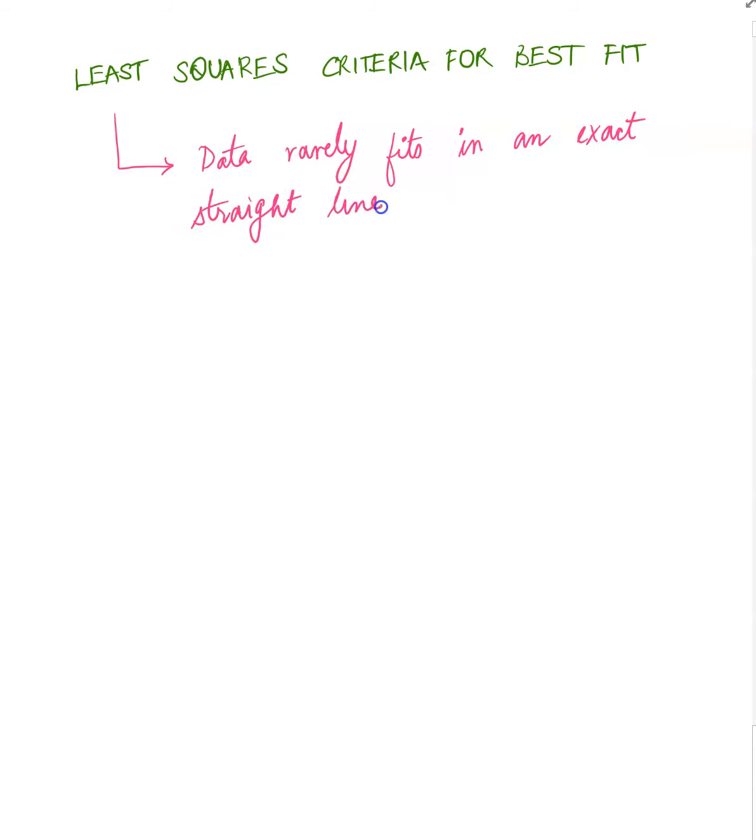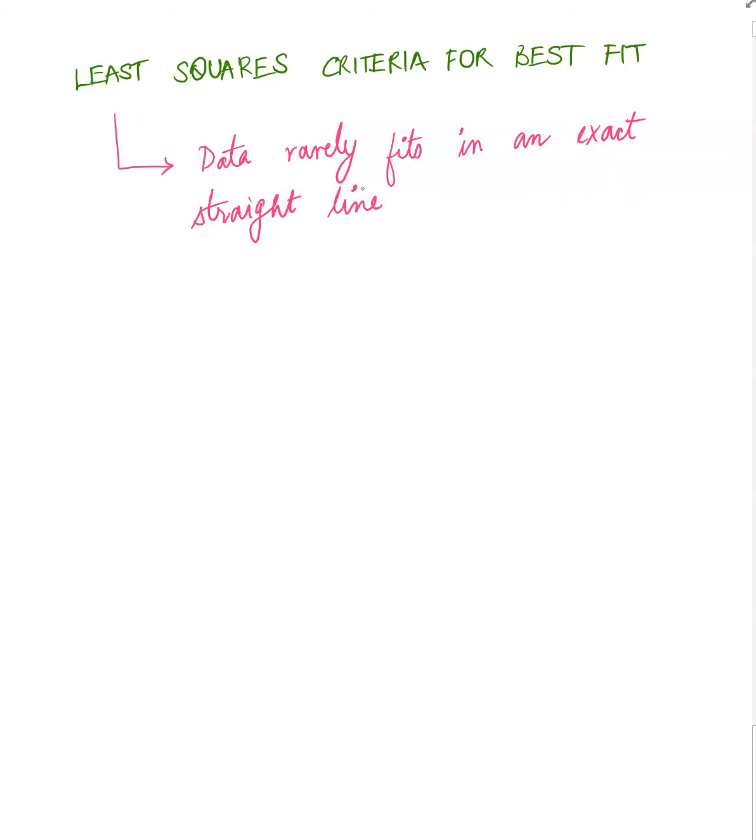So let's talk about least squares criteria for best fit. I want to bring in a few pointers. First of all, your data rarely fits in an exact straight line. So do not expect the points to line up in an exact straight line.